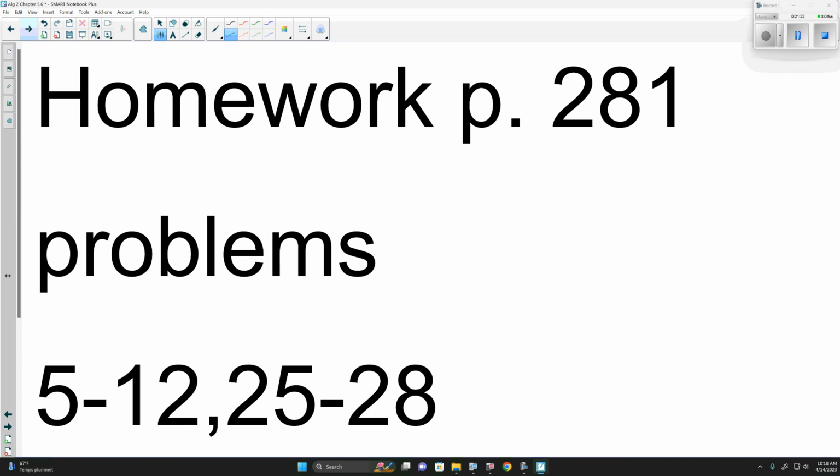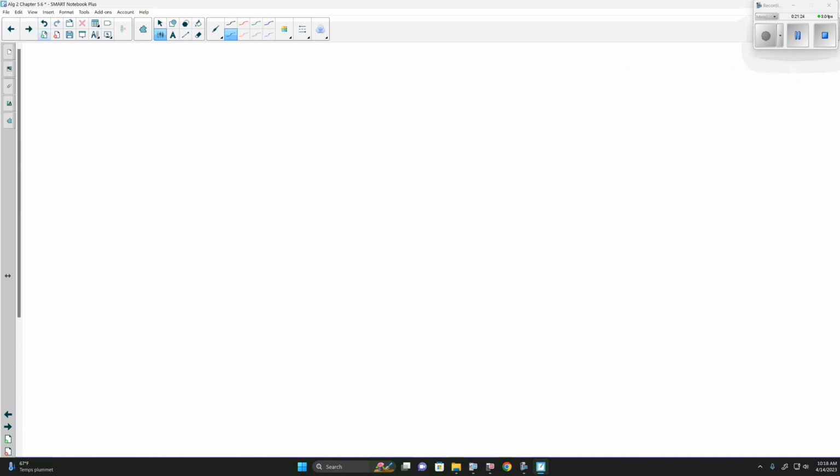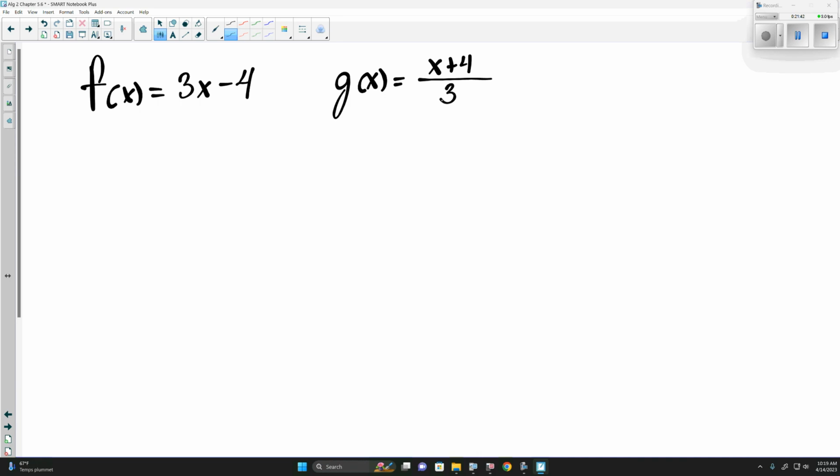Well, let's look at one last thing. I want to pick two functions. Let's say f of x is 3x minus 4. And g of x is x plus 4 all over 3. So let's look at the function f of g of x.